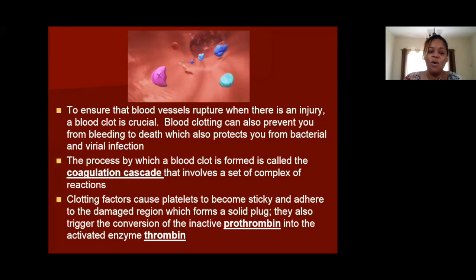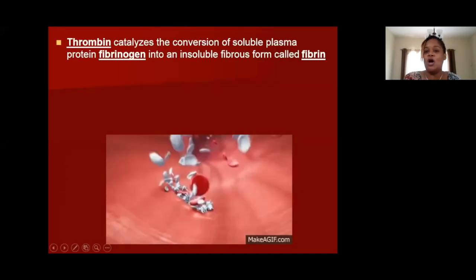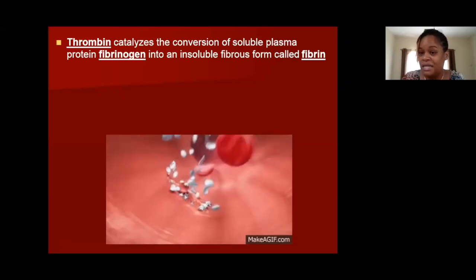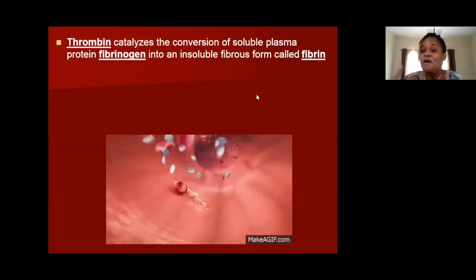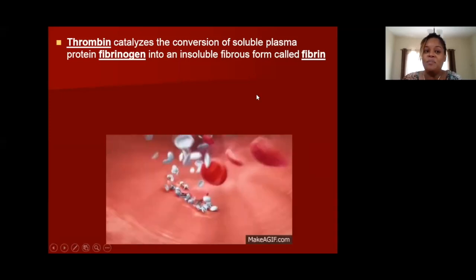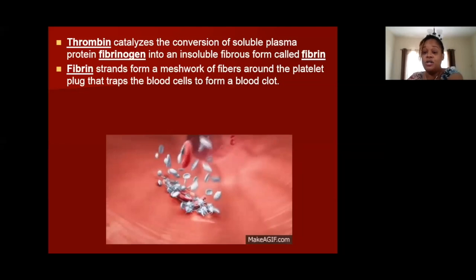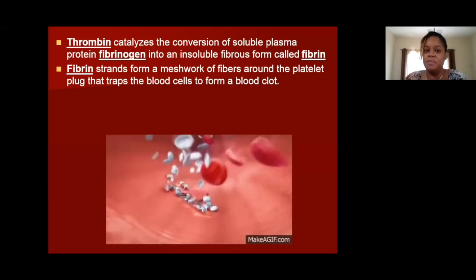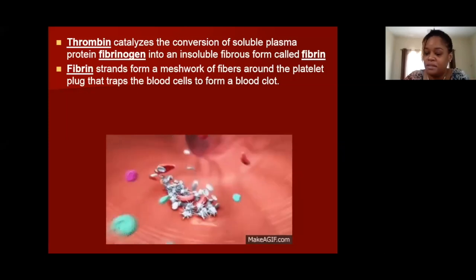Once thrombin has been activated, thrombin actually catalyzes the conversion of a soluble plasma protein known as fibrinogen into an insoluble fibrous form called fibrin. Now, what fibrin does, fibrin actually forms a meshwork that will eventually form what we would call, on an external cut, the scab. So this meshwork actually forms the barrier that will help to prevent the excessive loss of blood.